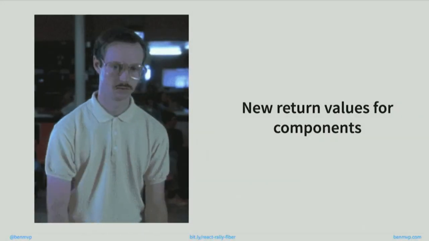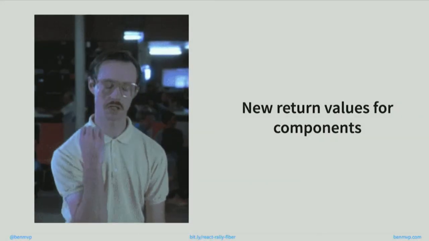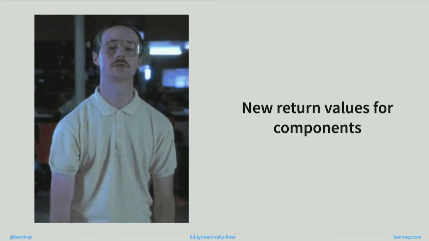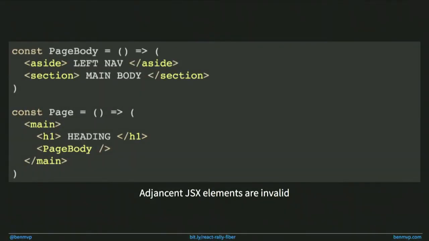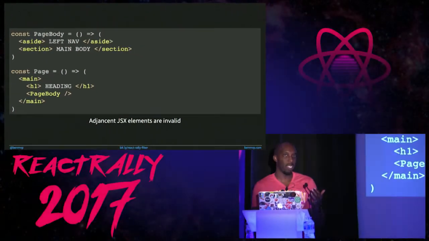Okay, moving on. So let's talk about new return values that we have for components, which should make some folks excited. So if you had a component, let's say you had a page component right here, and it has an H1 called heading, and it has a page body component. And in that page body component, what we want to do is return an aside and a section, and we want those to actually be siblings of the H1.